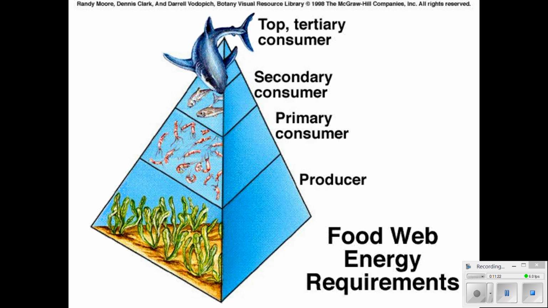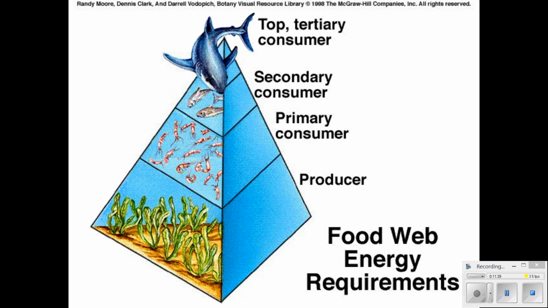What you see here is that there are more plants than there are primary consumers and more herbivores than there are other organisms in the food chain. So the question you've got to ask yourself is, why is that the case? Think about the food you eat, the food you ate for lunch.